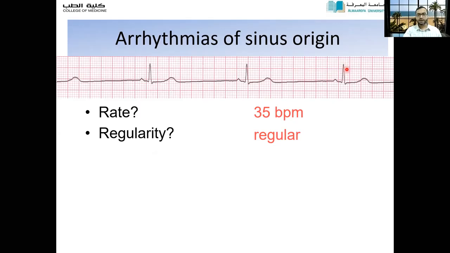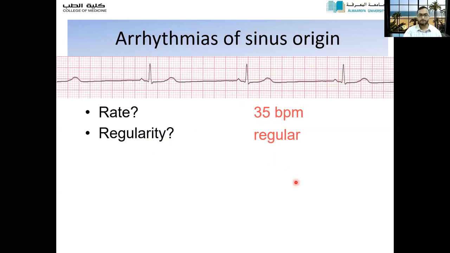So the distance to the next R wave is more than 8 big squares. Exactly, if you use the formula using the small squares, because the second R wave is not falling on the darker line, the heart rate measured here is 35 beats per minute. We know that the normal range is 60 to 100 beats per minute.